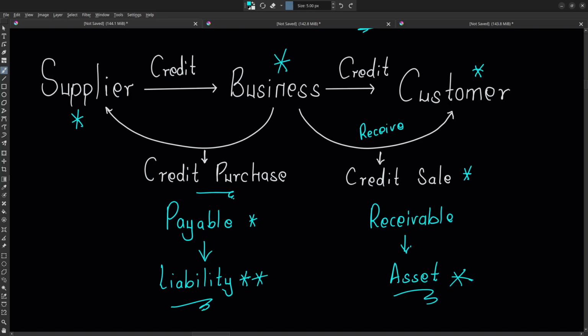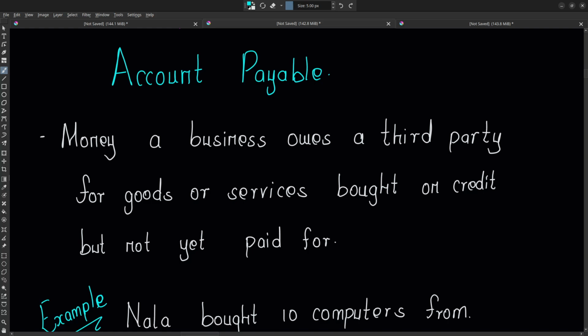So let us look at each specifically, starting with account payable. You're going to find we mention this account a lot when we are passing journals. So let us get an understanding of what an account payable is.